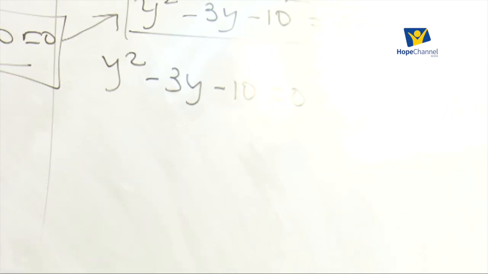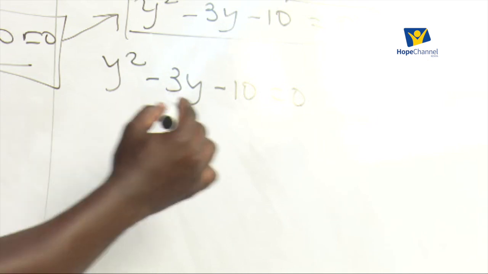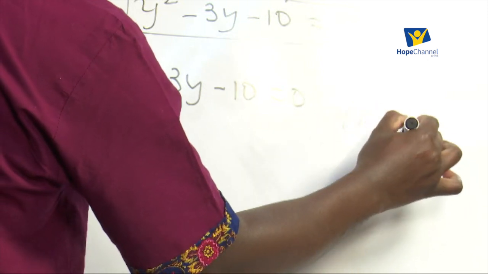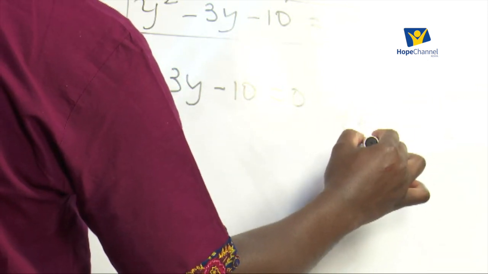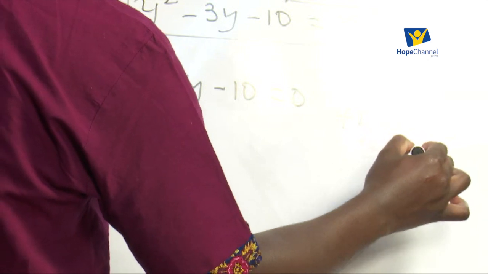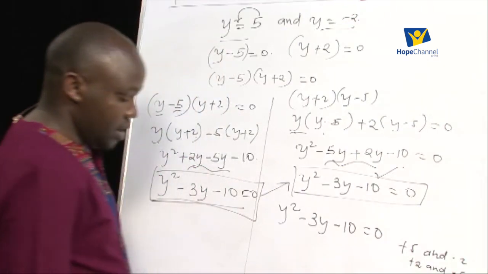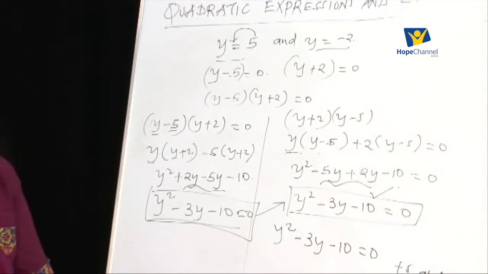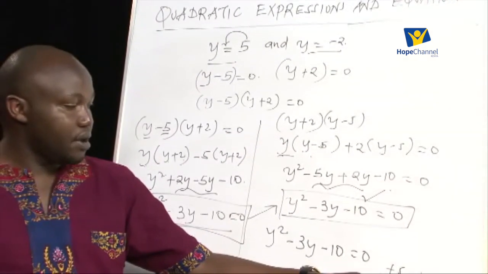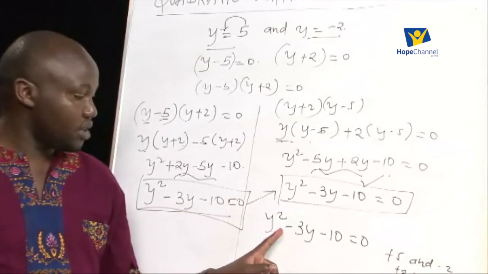Which numbers are those? We can have positive 5 and negative 2, or we can have positive 2 and negative 5. Which one is the correct one? Because if you take 5 plus negative 2, you get positive 3.